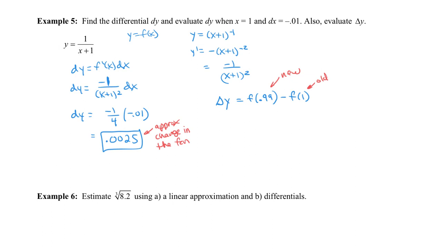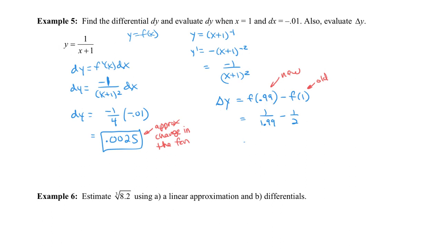All right, so if I take this function and plug in 0.99, I get 1 divided by 1.99, minus f of 1, well, that's just 1 over 2. Again, this is f of x, this is our function, so I plug in these two values, new minus old, to find the actual change.